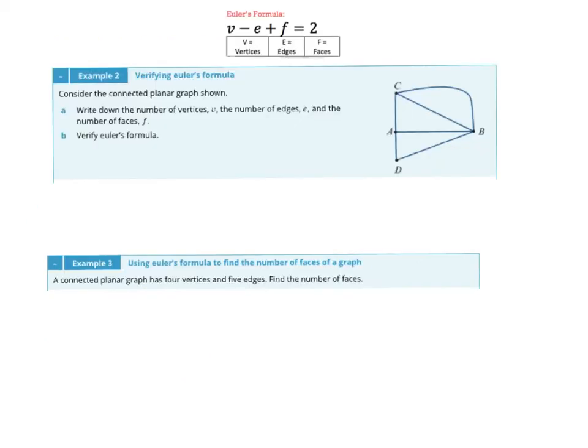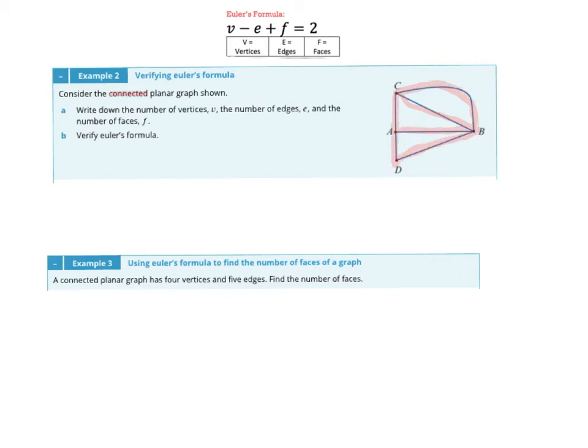So here's a couple more examples of how we can get asked using Euler's formula. So it says consider the connected planar graph. So remember, connected means I can get to every vertex in the network without taking my pen off.